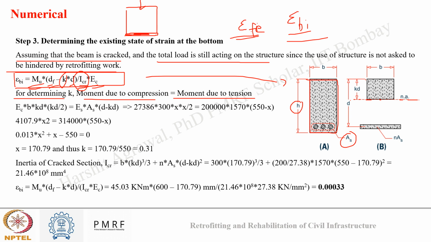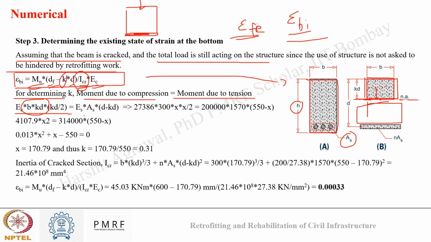This concrete block will be completely acting in compression, and in tension I won't assume any concrete to be supporting the tension load. So the moment due to this concrete block will be E_c times b times kd by 2. b times kd is the effective area of concrete under compression, and kd by 2 is the distance of the center of mass of this concrete block from the neutral axis. So this is given by this equation.